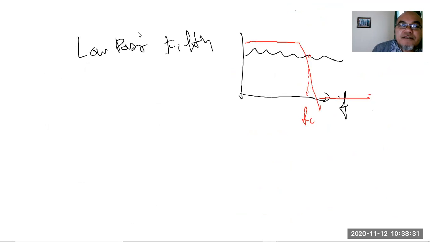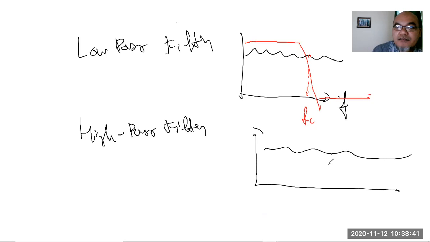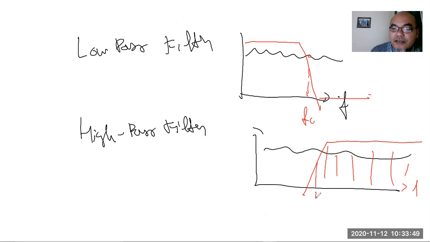In a high pass filter, it is the other way around. It will only pass signal with frequency larger than the low cutoff frequency. We also have what we call a band pass filter.